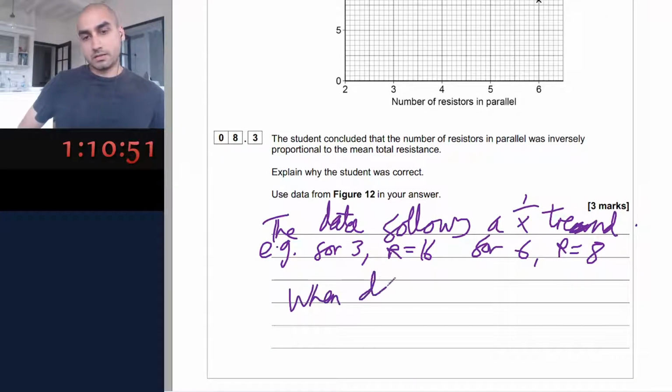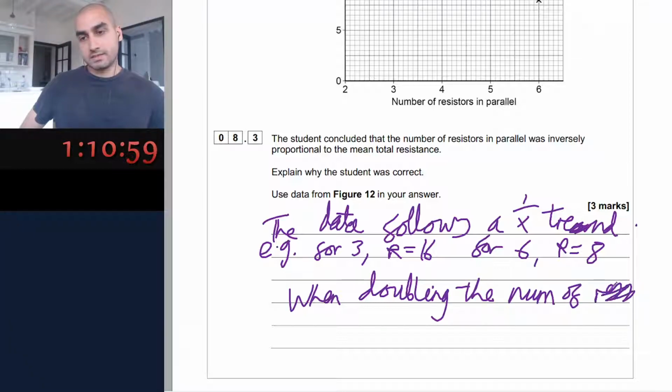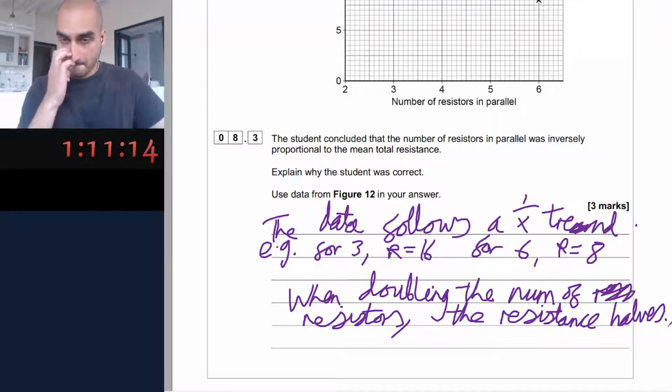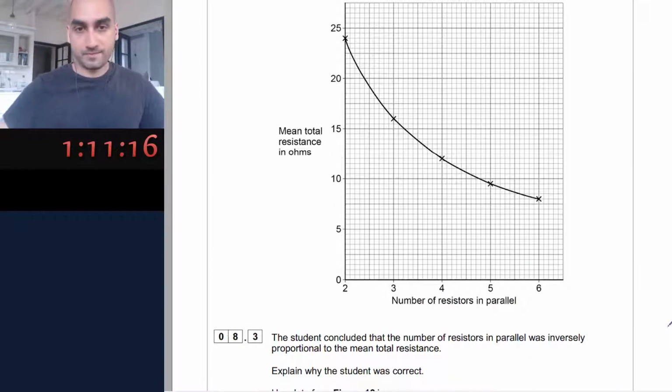When doubling the number of resistors, the resistance halves. Just put some dots there to show that we've actually done something.